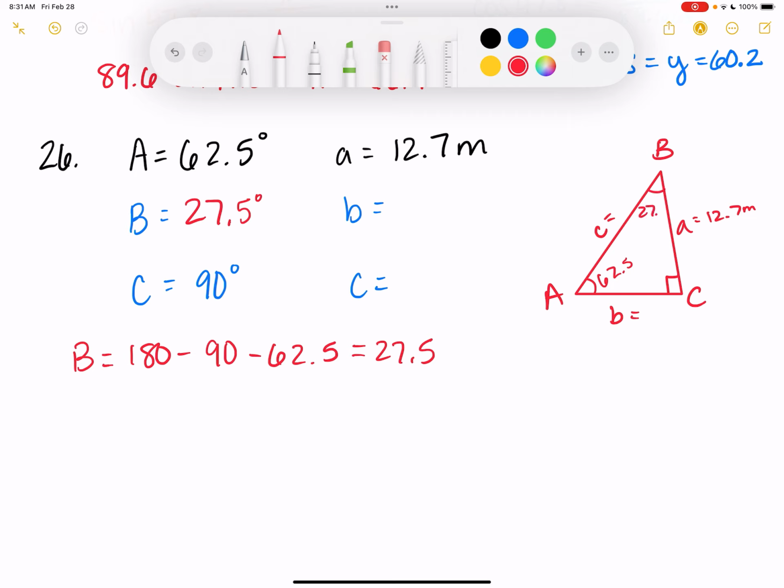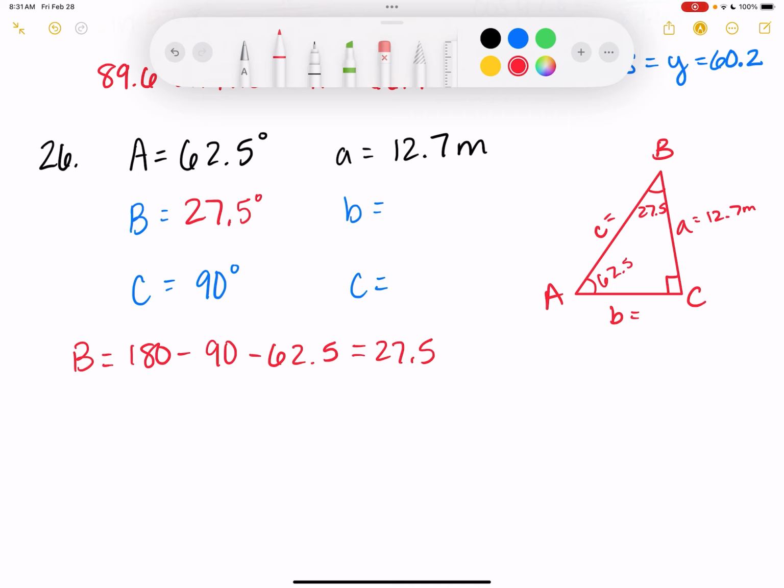So now I need to solve for the other sides here, for the hypotenuse and for this leg value down here. So I can use angle A or angle B to solve for the side lengths, and I can use whatever trig function associates these things.